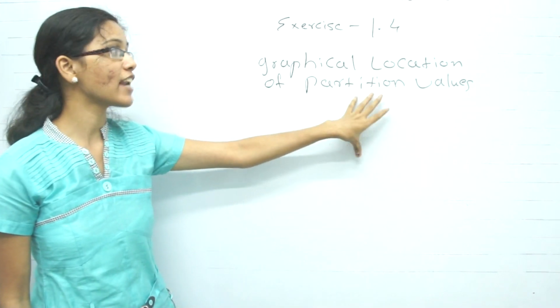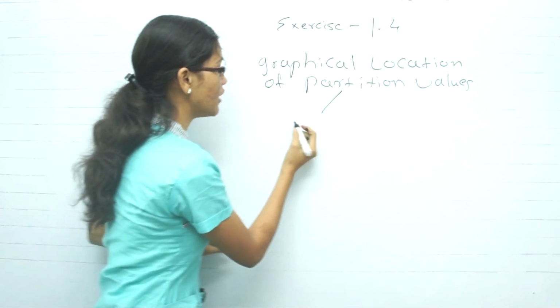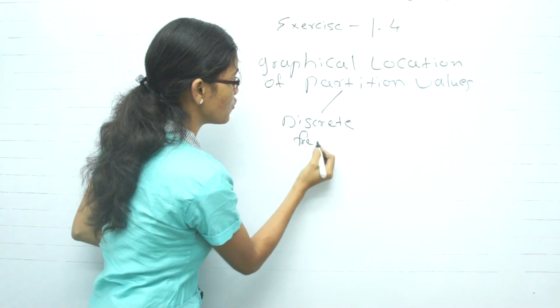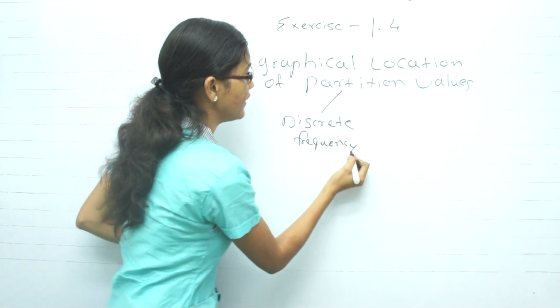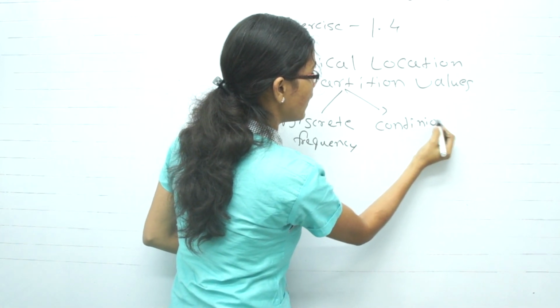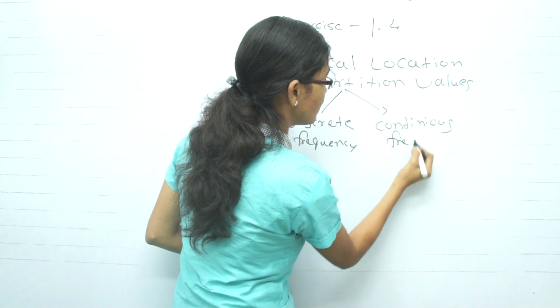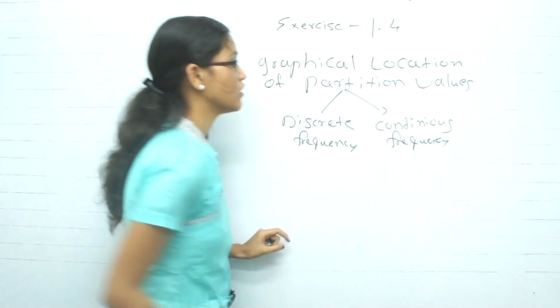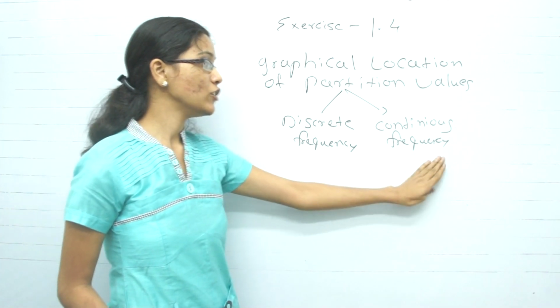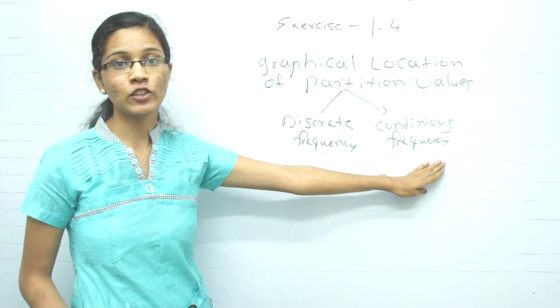There are two parts in graphical locations: one is the discrete frequency distribution and the other is the continuous frequency distribution. In discrete frequency distribution there is grouped data, and in continuous frequency distribution there is ungrouped data.